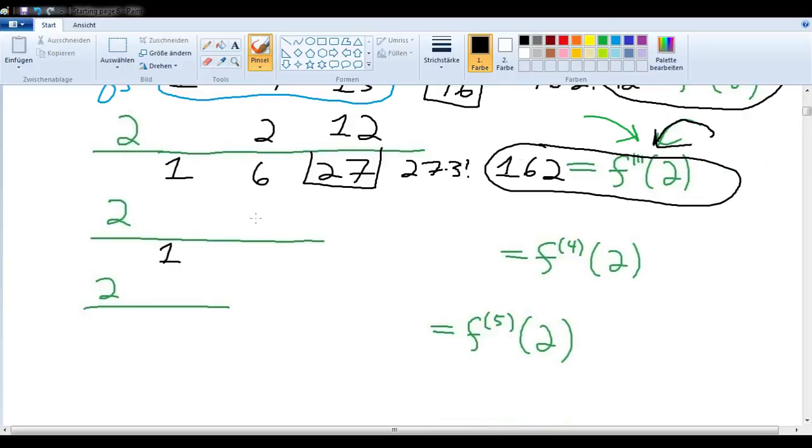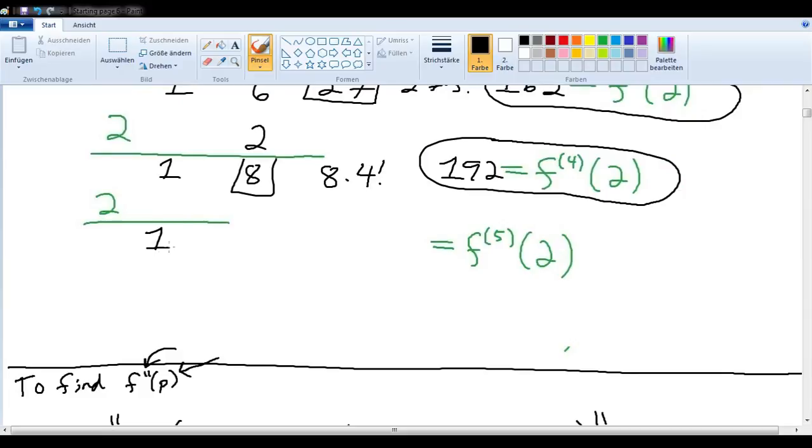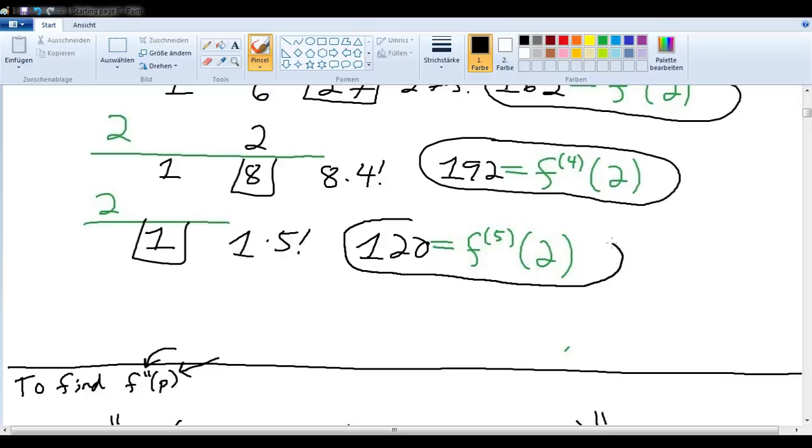And continue here to an 8, so 8 times 4 factorial will be 8 times 24 is 160 plus 32, so 192 for the fourth derivative of f evaluated at 2. And if we continue, we just have 1 times 5 factorial, which would be 120, which is then the fifth derivative of f evaluated at 2.